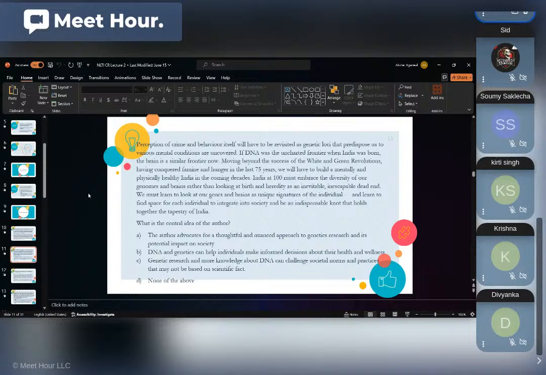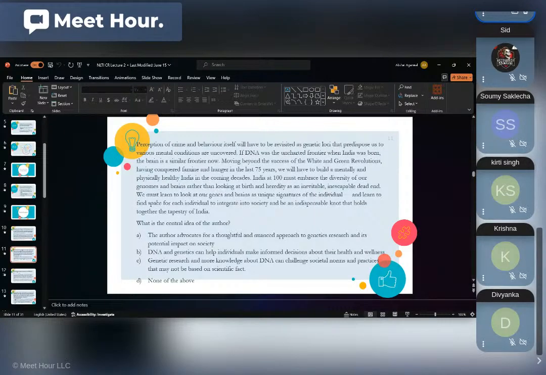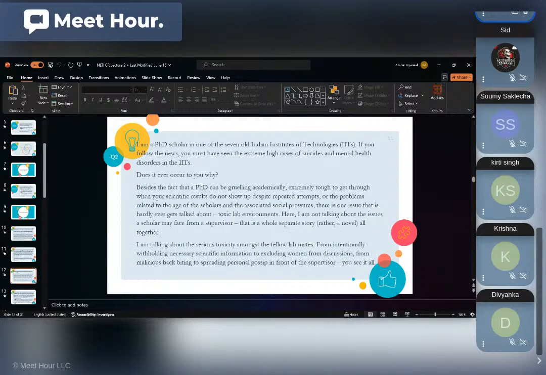The whole idea is that genetic research on DNA can be used to challenge societal norms and practices not based on fact, and that idea is conveyed throughout the passage: the first anecdote, the second idea, cancer-free life, death, and all of that. And the tricks I told you, the word DNA, genetic research, it repeats itself again and again, right? So a better option here would be option C.